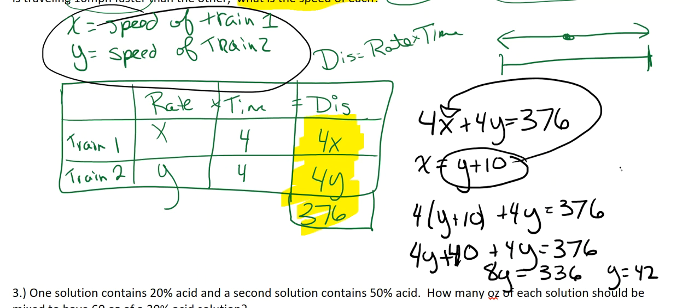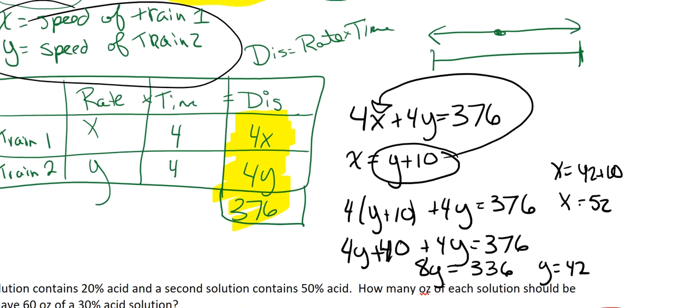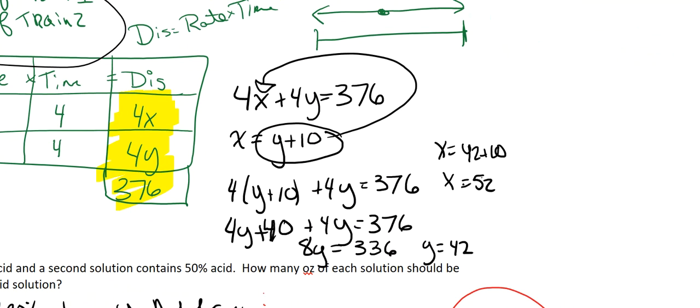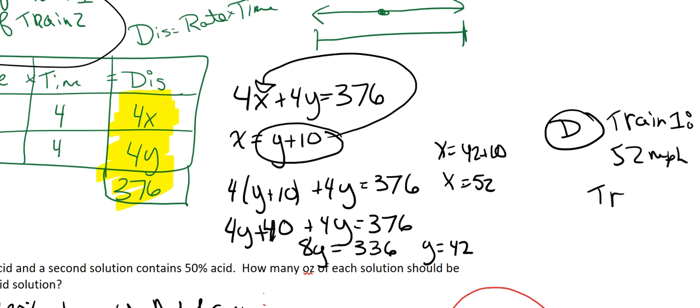And if I take that 42 and plug it in, I get 42 plus 10. And so x equals 52. And then it goes to interpret. So that's our last step. So train 1 is 52 miles per hour and train 2 is 42 miles per hour.